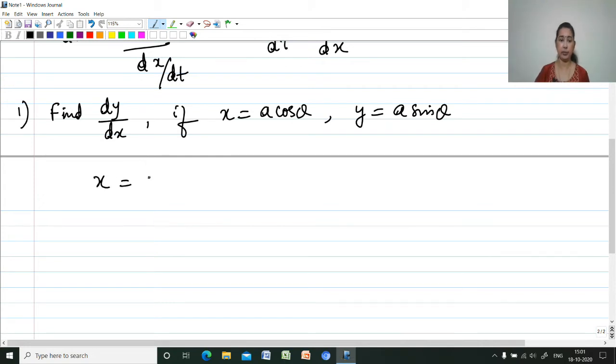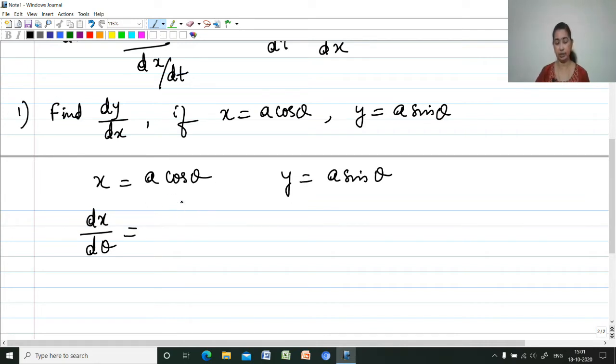So we differentiate x with respect to theta. We get dx by d theta equal to a into derivative of cos theta. Derivative of cos theta is minus sin theta, so this will be minus a sin theta, and dy by d theta is equal to a cos theta.